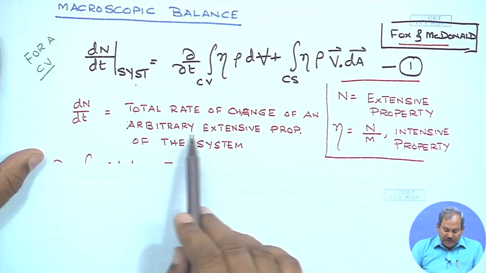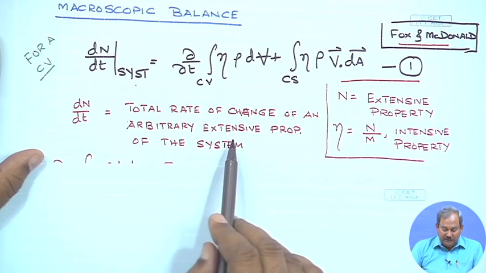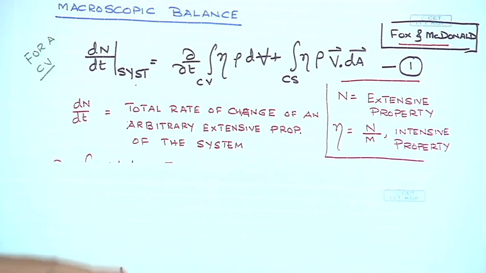This arbitrary extensive property can be several things, and we would see examples, or rather use of this N, one in the case of mass and the second in the case of momentum. So, this equation relates the change in the extensive property of the system, represented by N, to eta, which is the corresponding intensive property obtained by dividing the extensive property by the mass of the system.